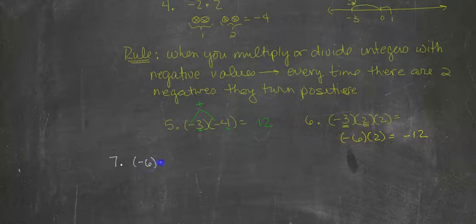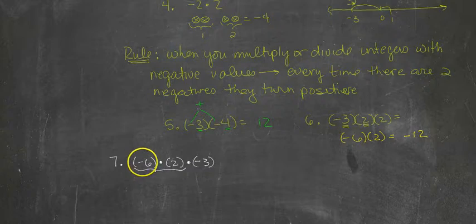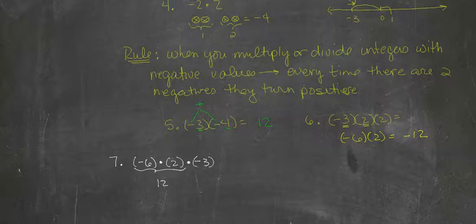-6 times 2 times -3. Okay, first two numbers together. Ignore the signs, just go with the numbers. 6 times 2 is 12, and then decide: for these first two, do I have a pair of negatives that can become a positive? I do not. So I still have just the odd number, the one negative.